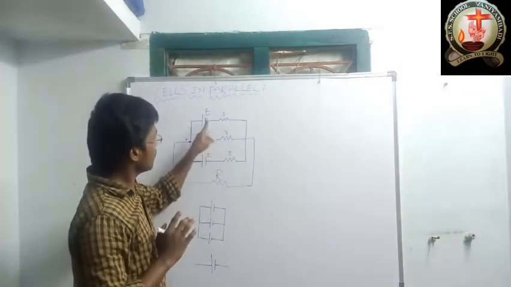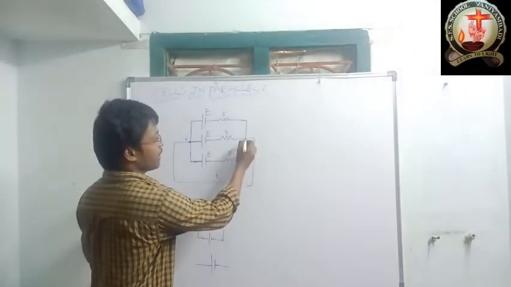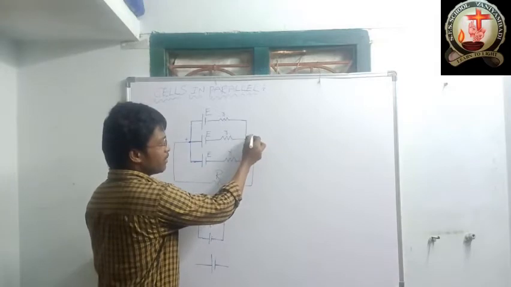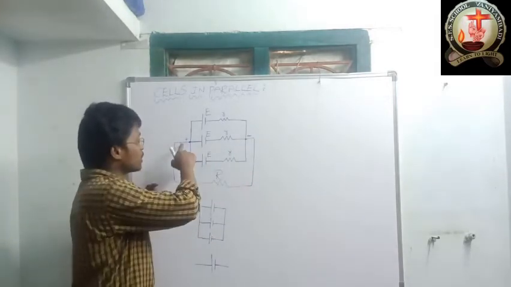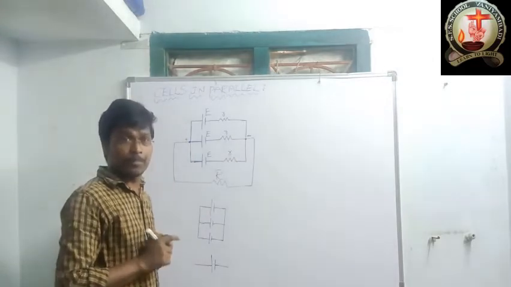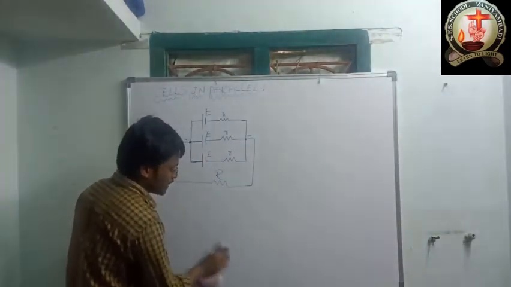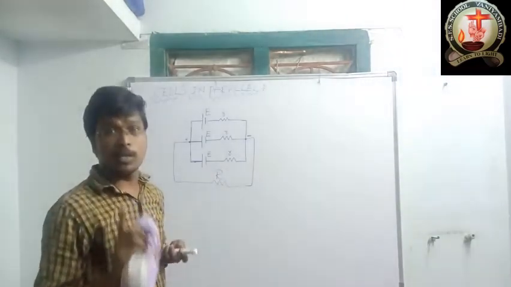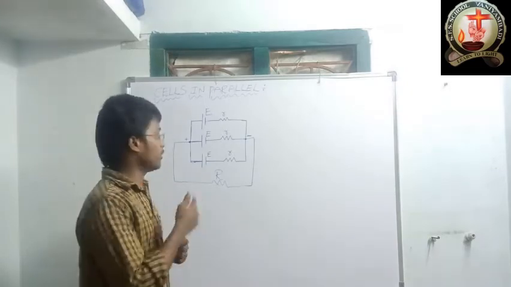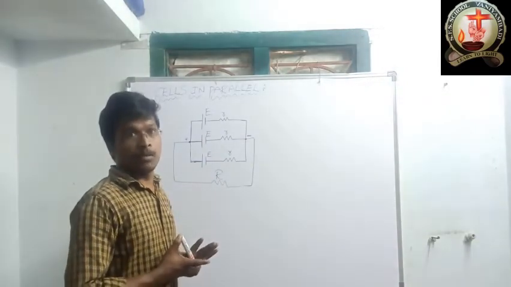At the same time, all the negative terminals are connected at one point here, so this point acts as the negative terminal of the battery. You should remember that the combination of cells is nothing but a battery. Okay, so now we go to the procedure. This is the explanation about the diagram.